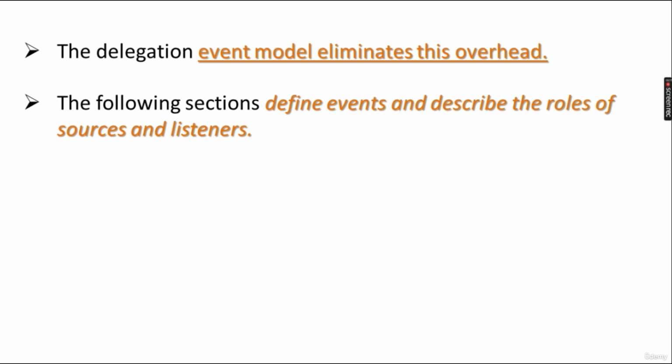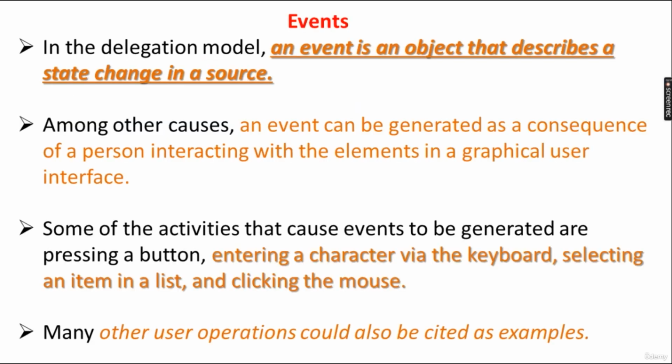The following sections will define events and describe the roles of sources and listeners. Events. In the delegation model, an event is an object that describes a state change in a source. So something has happened, like a button has been pressed, an image has been pressed, text has been entered, text has been changed, a radio button has been changed, a checkbox has been checked.